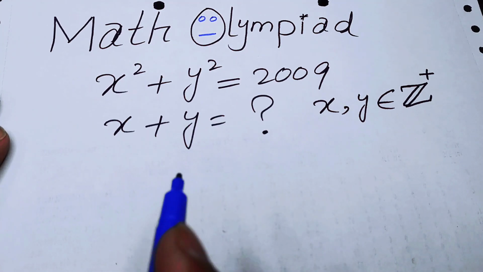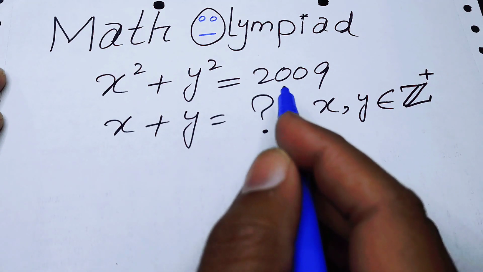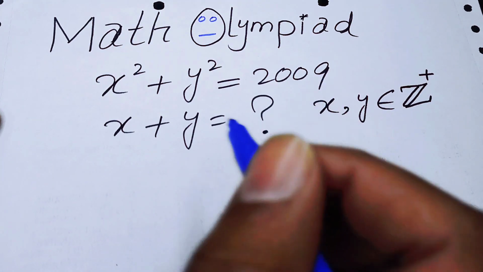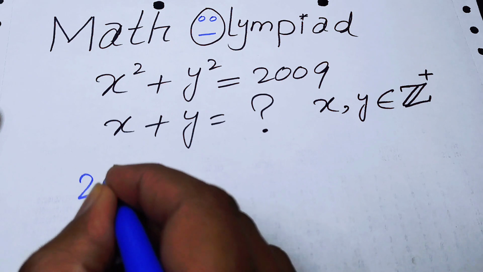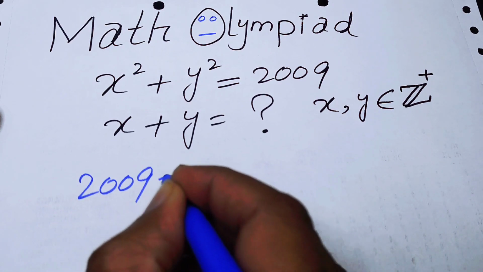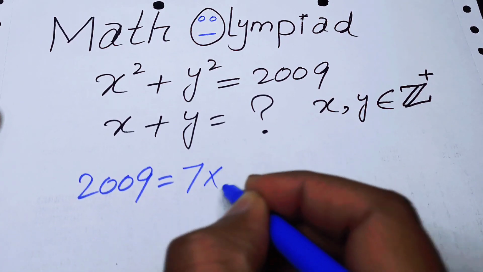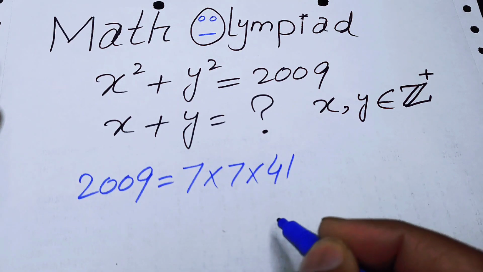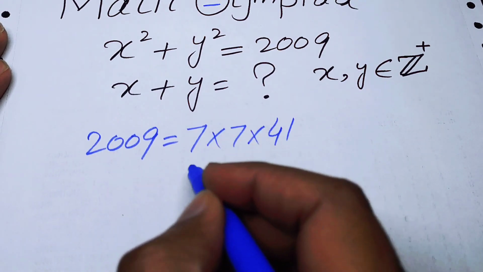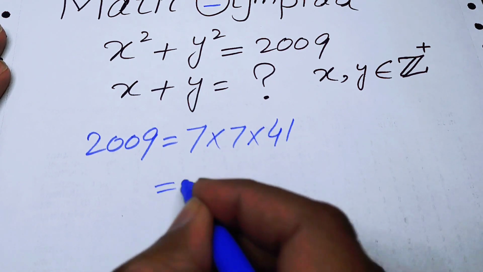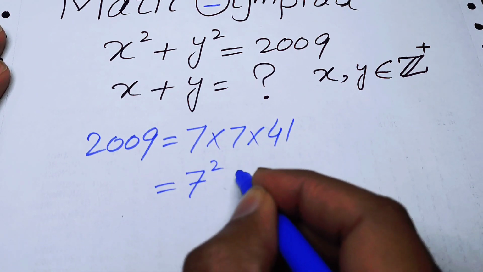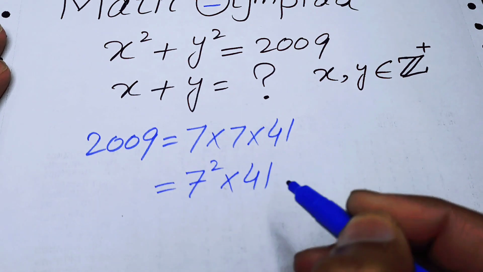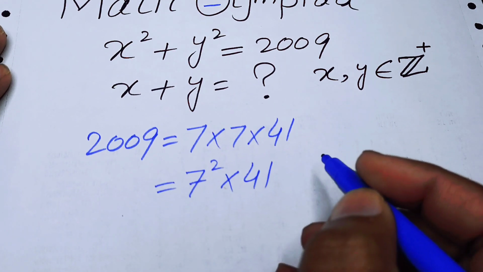So first I will find the prime factors of 2009, and you know that the prime factorization of 2009 is 7 times 7 times 41. We will write this factorization as 7 squared times 41.